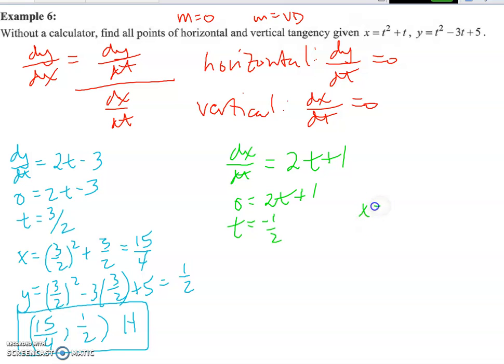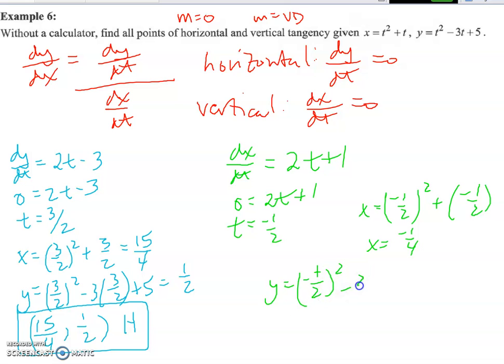So we have x is equal to negative 1/2 squared plus negative 1/2. And we're going to get an x value of negative 1/4. We're going to plug into the y equation. So we've got negative 1/2 squared minus 3 times negative 1/2 plus 5.